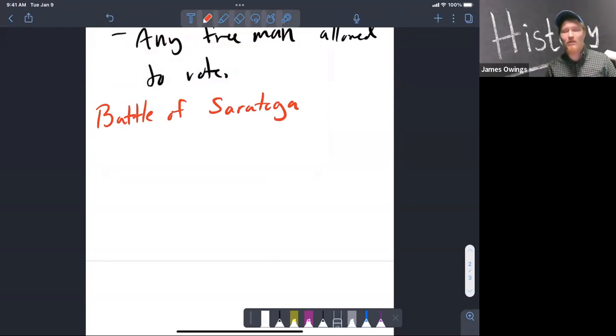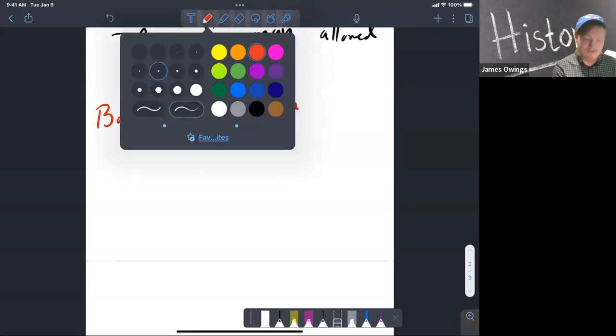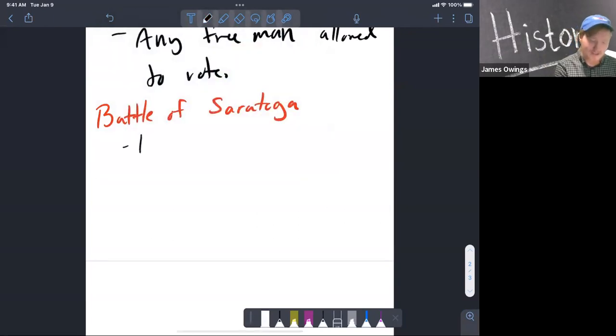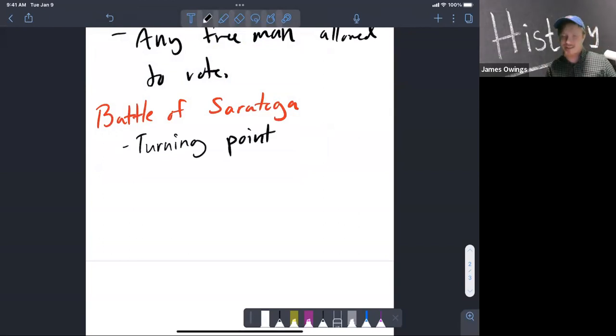This is the turning point in the war. And that's what makes it so famous, this key detail, a turning point. Up until this point, we didn't really see the American people winning the war, but the Battle of Saratoga was considered to be the stepping stone to where we would eventually win, and George Washington would get his monumental leap to presidency later on moving forward.